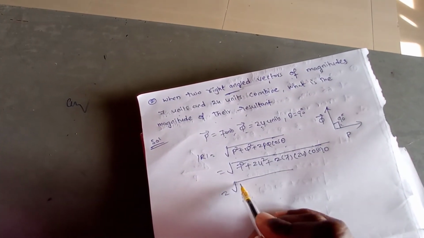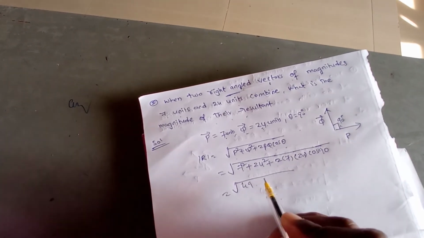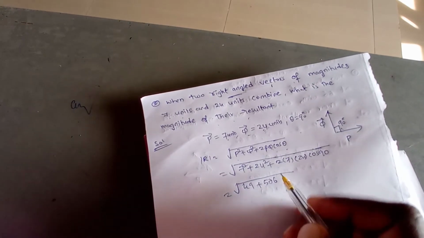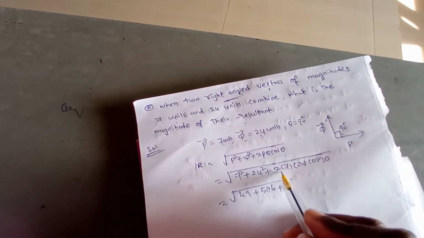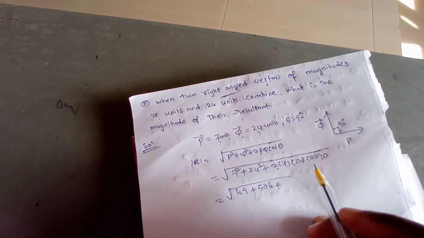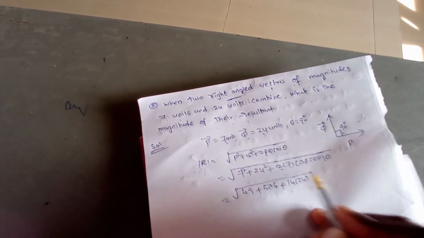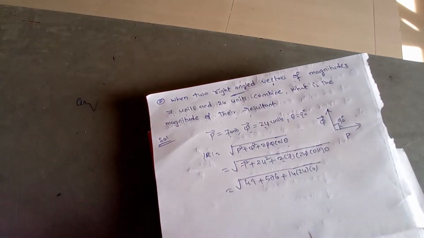7 square means 49. 24 square means 576. 2 into 7, 14 into 24. What is cos 90 value? Cos 90 value is 0.